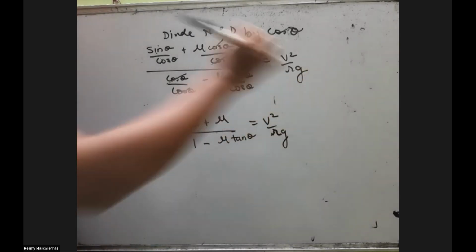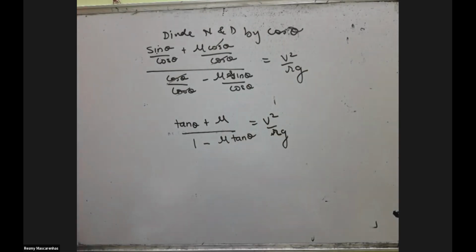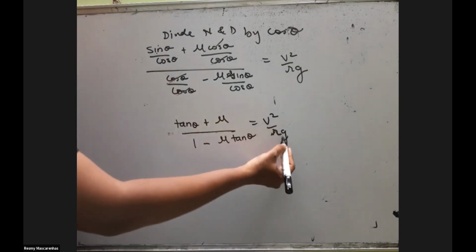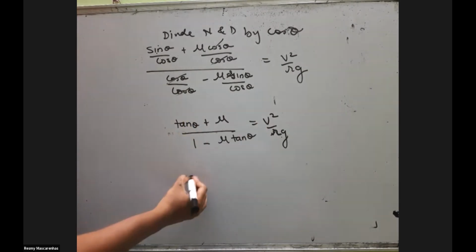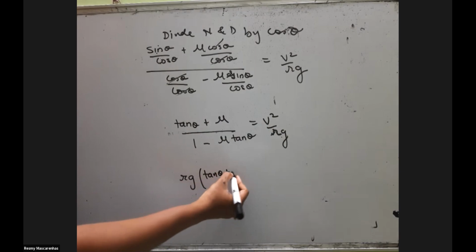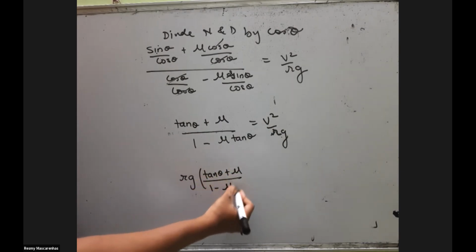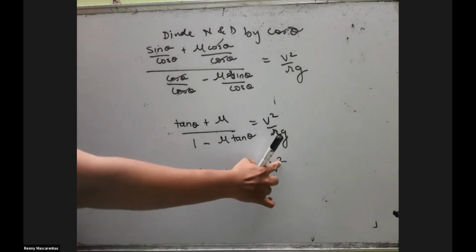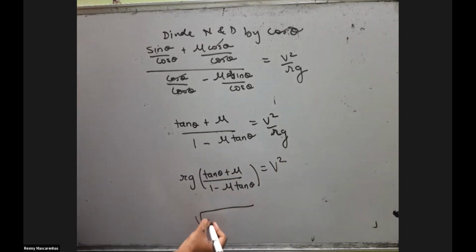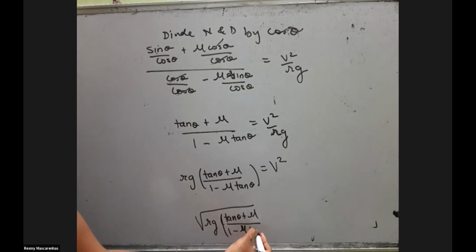Our aim is to find maximum velocity. So maximum velocity we have to calculate, then take rg this side. It's in the denominator, it will go up. And then v is nothing but root. So that's the final answer.